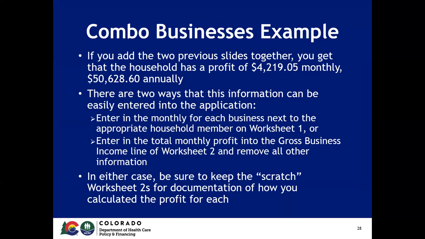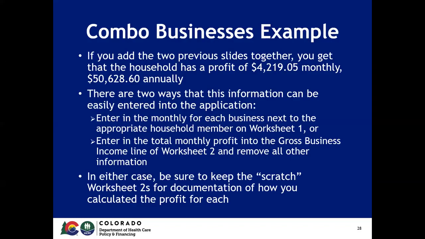All right. So for this example, if you add the two businesses together, you get that the household members have a profit of $4,219.05 monthly, which comes out to $50,628.60 annually.